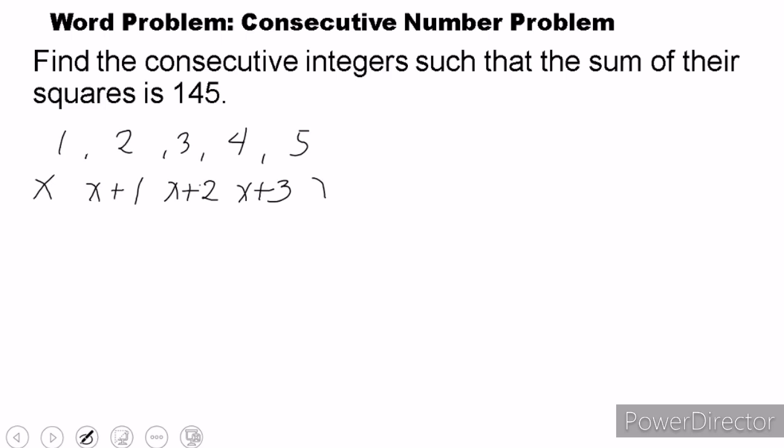Para maging 5, x plus 4. So, substitute natin yung 1 kay x. So, yung x, since 1 na siya, automatic 1. 1 plus 1 is 2. 1 plus 2 is 3. 1 plus 3 is 4. And 1 plus 4 is 5. So, alam na natin kung paano natin nire-represent yung equation in finding consecutive numbers. Okay. So, let's put it in representations.